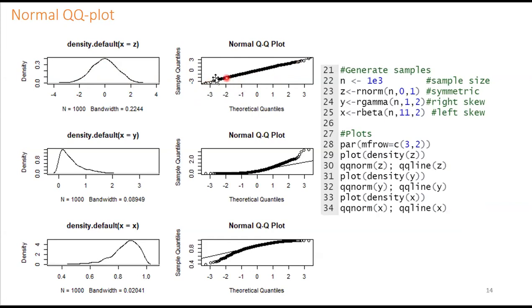So basically it's saying that if your sample quantiles agree with the theoretical quantiles that lie on this line, then your data follows a normal distribution. You see here it's very tight on the line, which is to be expected because I actually simulated the data from the normal distribution.